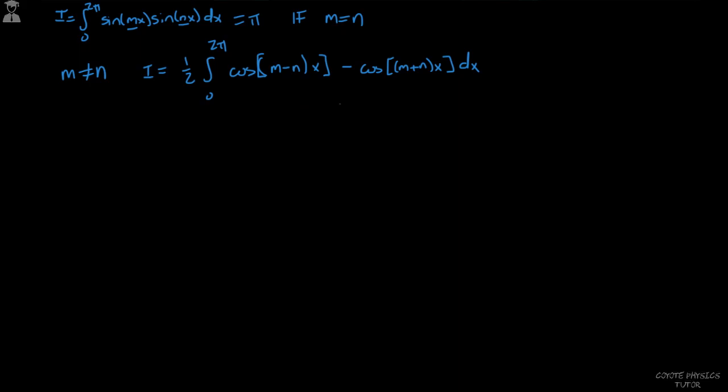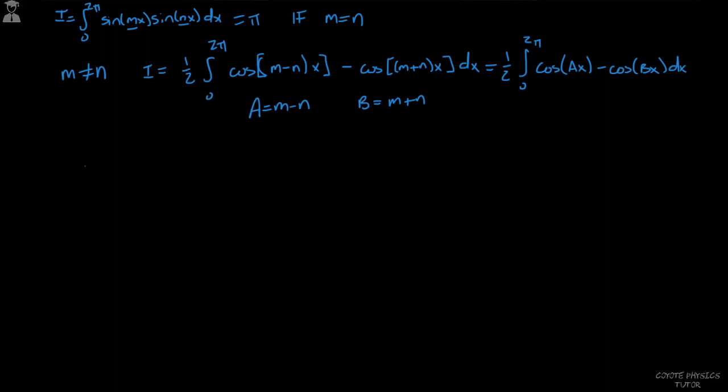And so if they're not equal to each other, then we're actually going to get a different answer. So the fact that we're saying that m does not equal n must mean that m minus n is going to be some nonzero value. We'll just say that a is equal to m minus n, and then we'll also say that b is equal to m plus n. So then our integral ends up looking like this, and we get a cosine of ax minus cosine of bx dx.